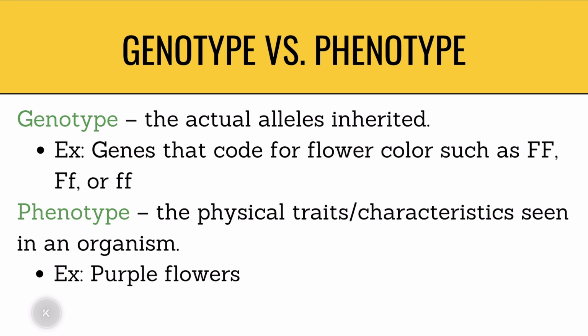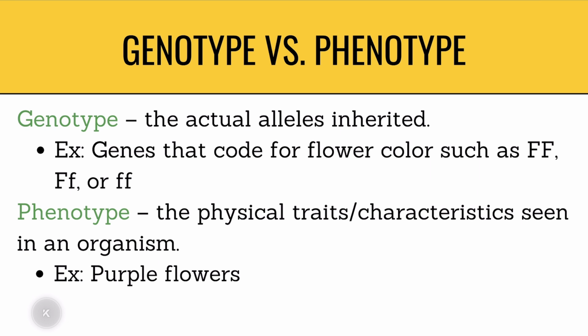So when I use the term genotype versus phenotype, genotype are the letters that are representing the alleles that you are inheriting. So that's going to be the genes that code for flower colors, such as uppercase F, uppercase F, or uppercase F, lowercase f, or lowercase f, lowercase f. So it is representing the alleles.